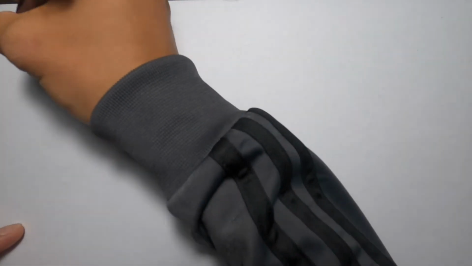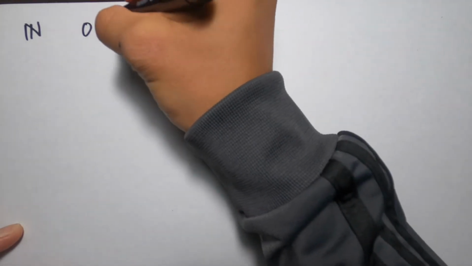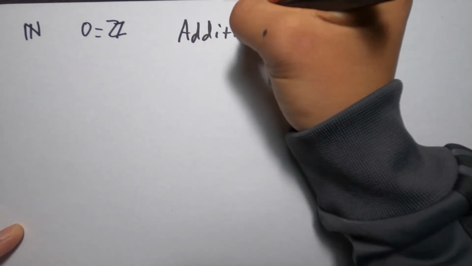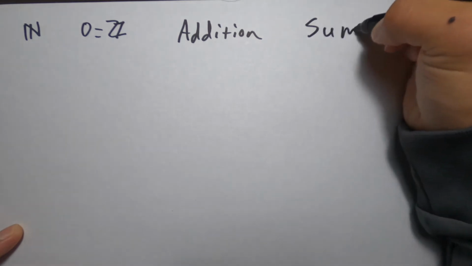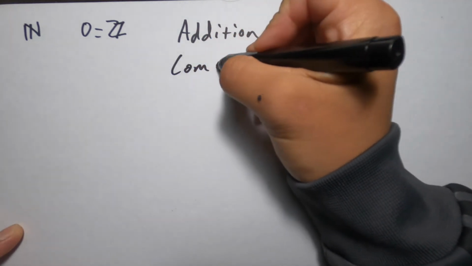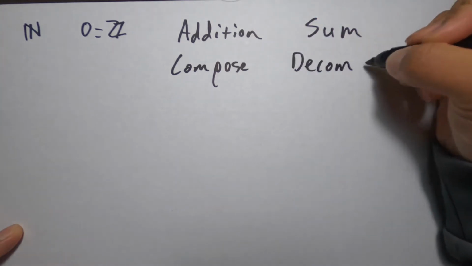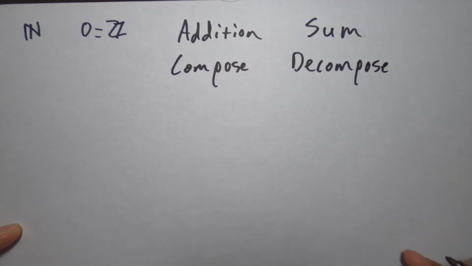Okay, so now what I want to do is just a quick review of what we went over last time, which is we used natural numbers and we used 0 for all integers, and some of the vocabulary we used was addition, the sum of numbers, we composed numbers, and we decomposed numbers.